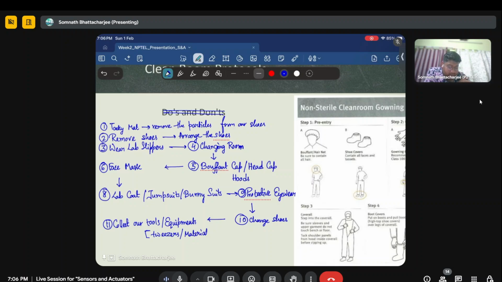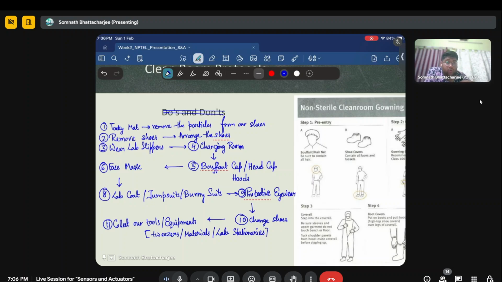Everything is kept inside this clean room itself. There can also be several kinds of agents like acids, so you also have to collect them at this moment, and also necessary lab equipment like lab stationery as well.